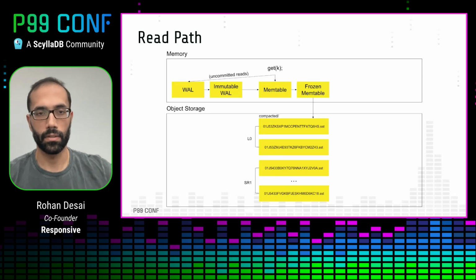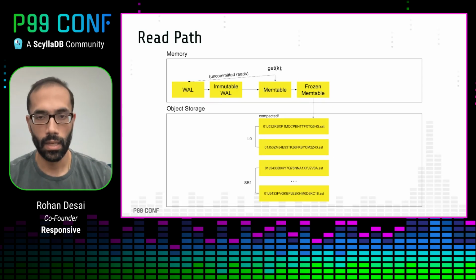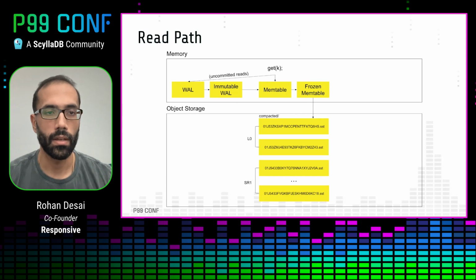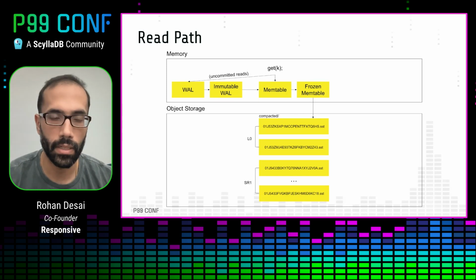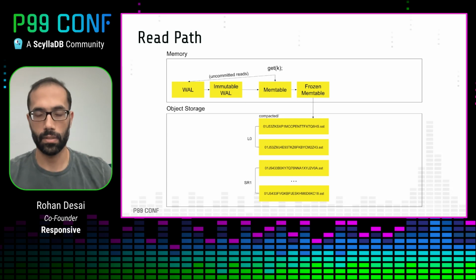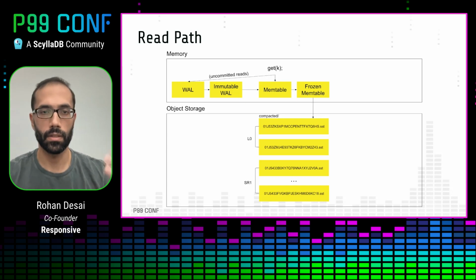It'll look for the key that was requested in each one of those, and when it finds it, it terminates the search and returns the key back. We use Bloom filters on all the L0 and SR objects to help us prune that search. When we do have range scans, the way that'll work is we'll have to do the range scan in all the data sources and then sort-merge the results back.